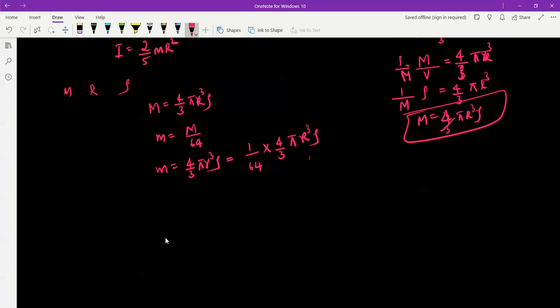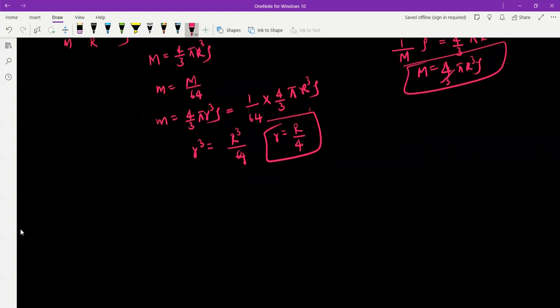So r cube is equal to R cube divided by 64. So r is equal to R by 4.